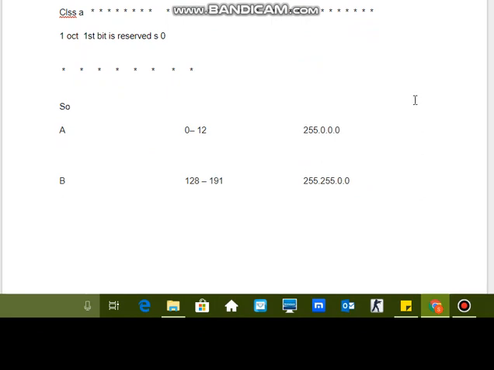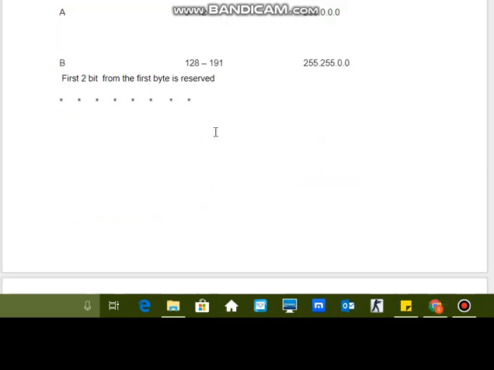In class B, the first 2 bits of the first byte are reserved. This is the first octet of class B, and here come the remaining 6 bits.